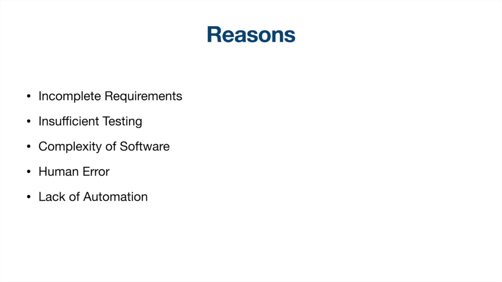So what are the reasons for defect leakage? The first one is incomplete requirements. Sometimes the requirements are not complete, and they have to provide a complete requirement for how a particular feature works.